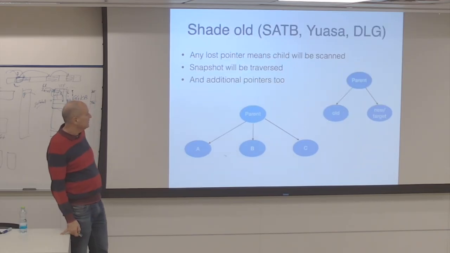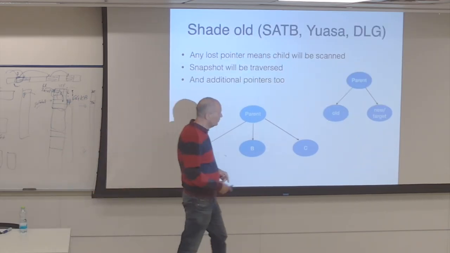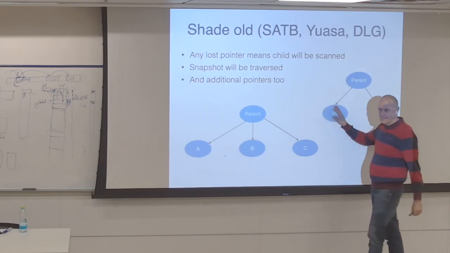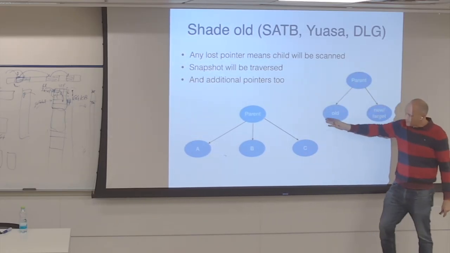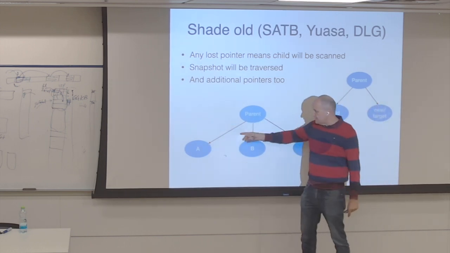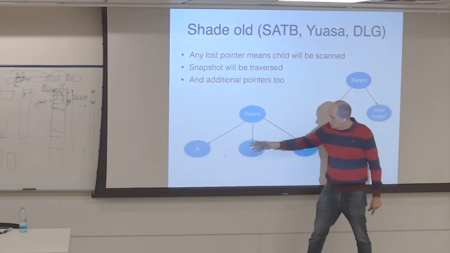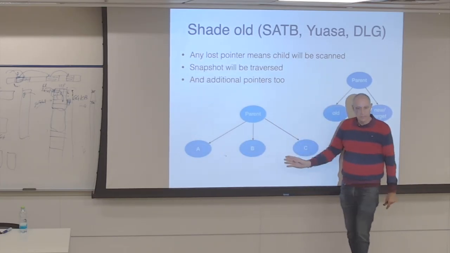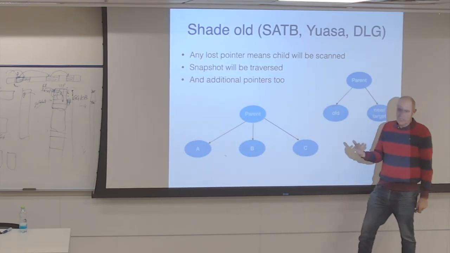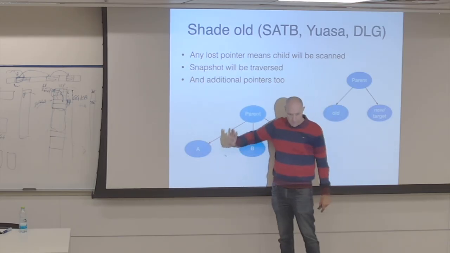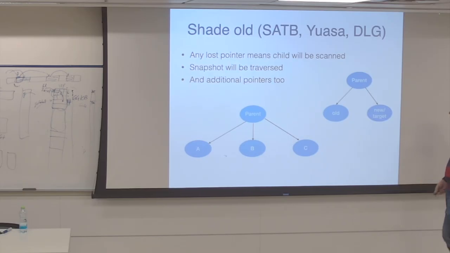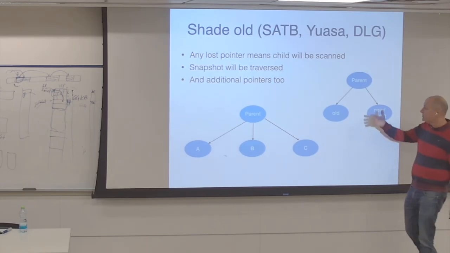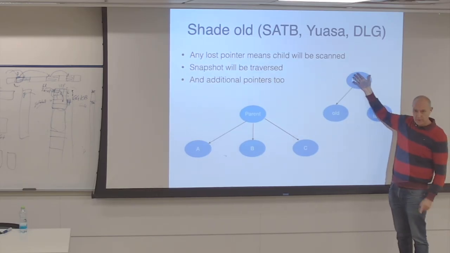So this was snapshotting the parent. You could also just remember the old value, not remember what the parent looked like. So if you have many changes to a pointer, all of these are going to be remembered, because each time someone loses a pointer, you're going to add it to your list of old values. In contrast to remembering the parent, where you only keep the parent once, when it is first changed.